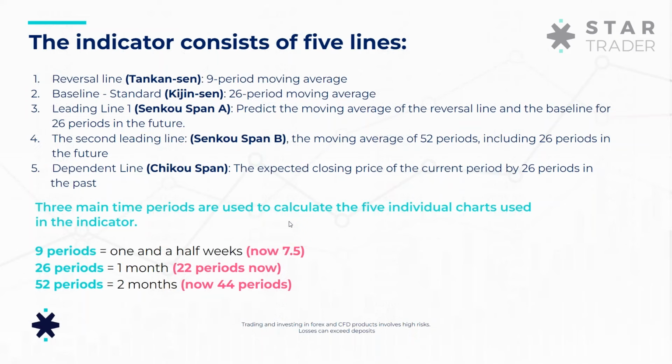Okay, once again, the main time periods used to calculate the five individual lines in the indicator are 9 periods, 26 periods, and 52 periods, right? By the way, 7.5, 22 periods, and 44 periods are the general numbers of the financial markets, because the forex market is running 5 days a week.